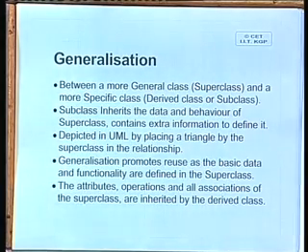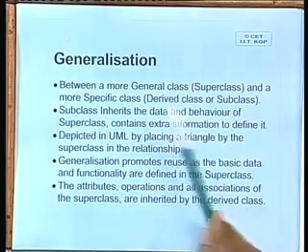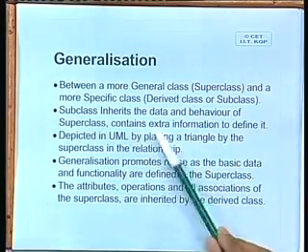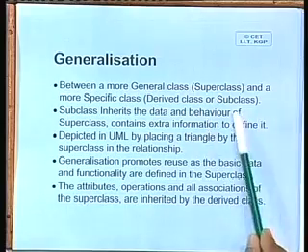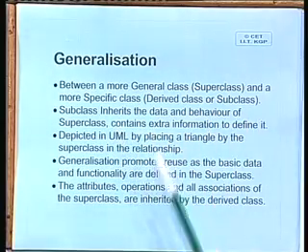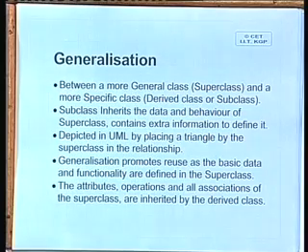So the generalization relationship exists between a more general class, that is the superclass, and a more specific class, that is the derived class or subclass. We are using the word inheritance for the first time. The subclass will inherit the data and behavior of the superclass, but it must contain extra information to define it.